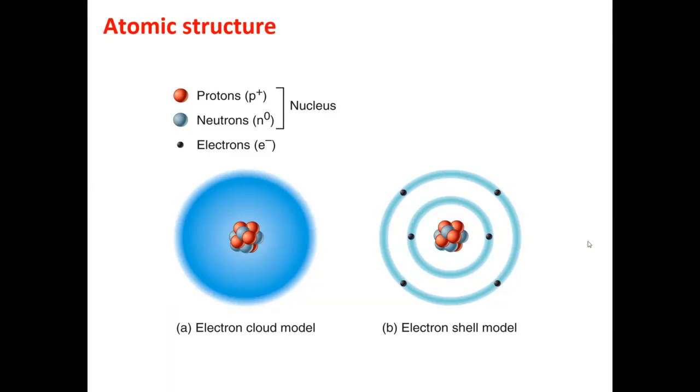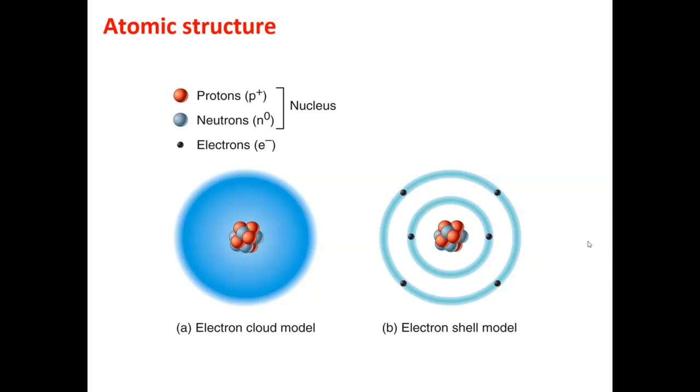The protons and neutrons are in a cluster here in the center called the nucleus. And when we study cells, we'll see that a cell also has something we call a nucleus. It's the same word, but a very different meaning, so don't be confused by the nucleus of an atom versus the nucleus of a cell. They're different.